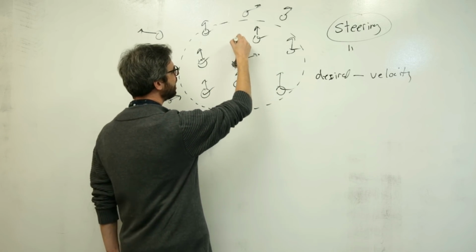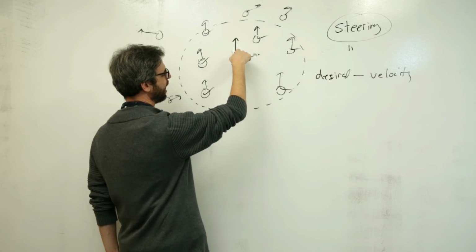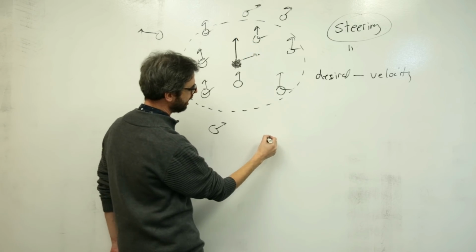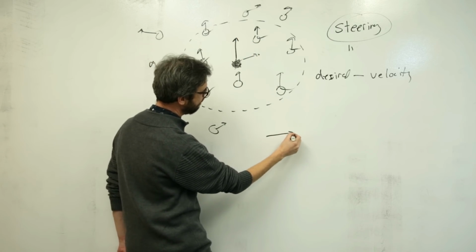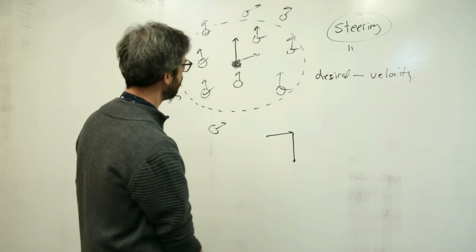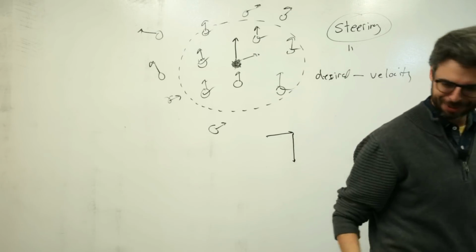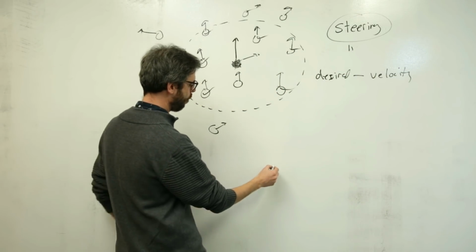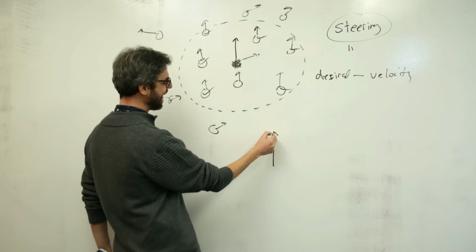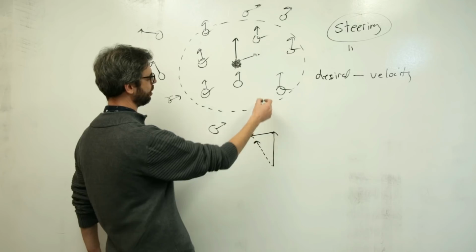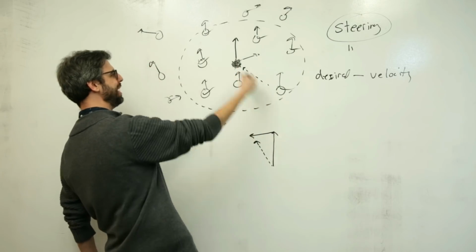If I am moving this way, but I want to move this way, the way I want to move minus the way I am moving is the steering force, meaning push me in that direction.